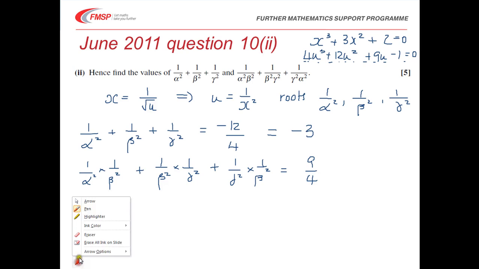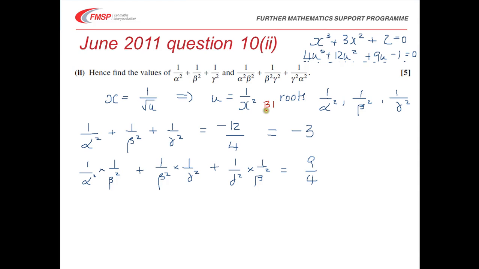And again, 5 marks for the question. So if we look at how the marks are awarded, there was a mark here for seeing that the substitution we were using meant that the equation we got in part 1 was the equation that we needed to use.